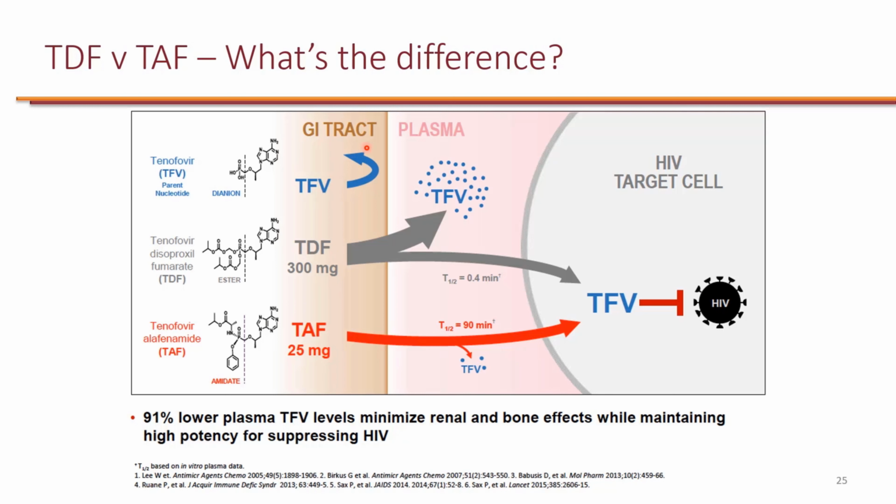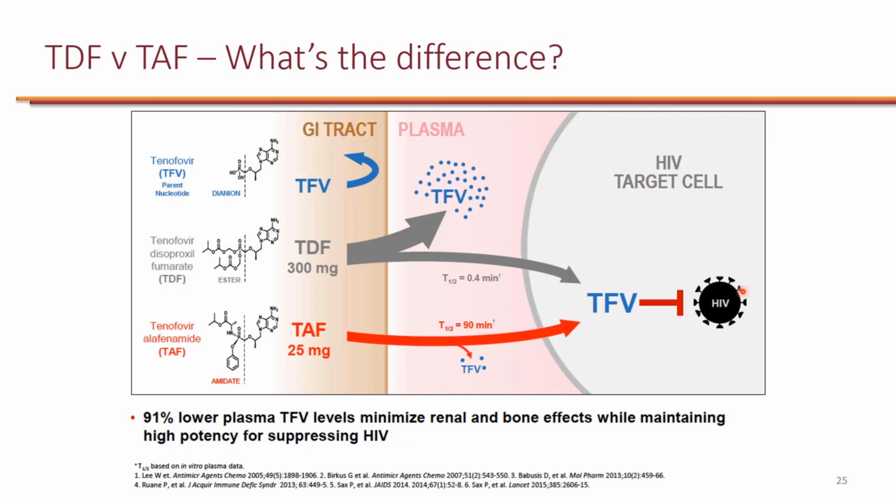So this part is the GI tract, and when you take a pill of tenofovir, you would like it to be absorbed and go into the blood, and then in the circulation, HIV actually is inside the CD4 cell. So the target cell is the CD4 cell. That's where HIV replicates. You want this tenofovir to be absorbed into the blood, and then from the blood go to the CD4 cell, and then find the HIV virus and block its replication.